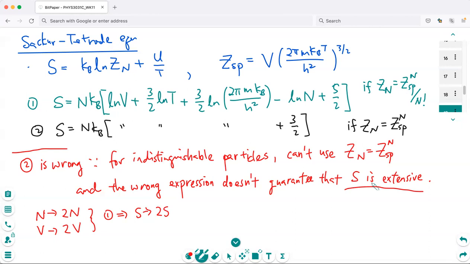I gave you things that you can deal with. For example, I merged all this constant into something else. And then you get the key features of the Sackur-Tetrode equation. And I already asked you about this question. Okay. Entropy has to be extensive, basically. All right. So that's it for this.